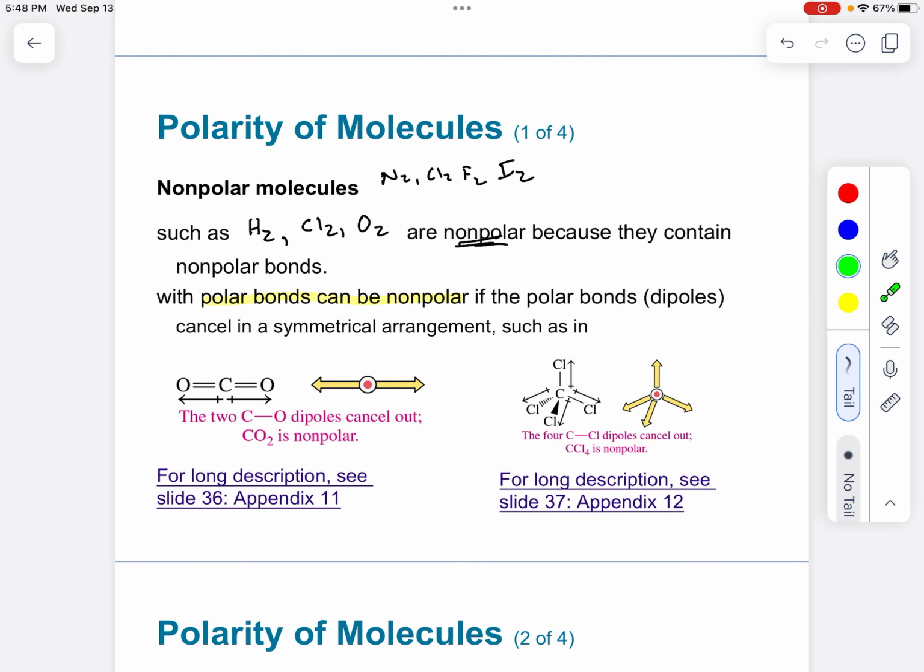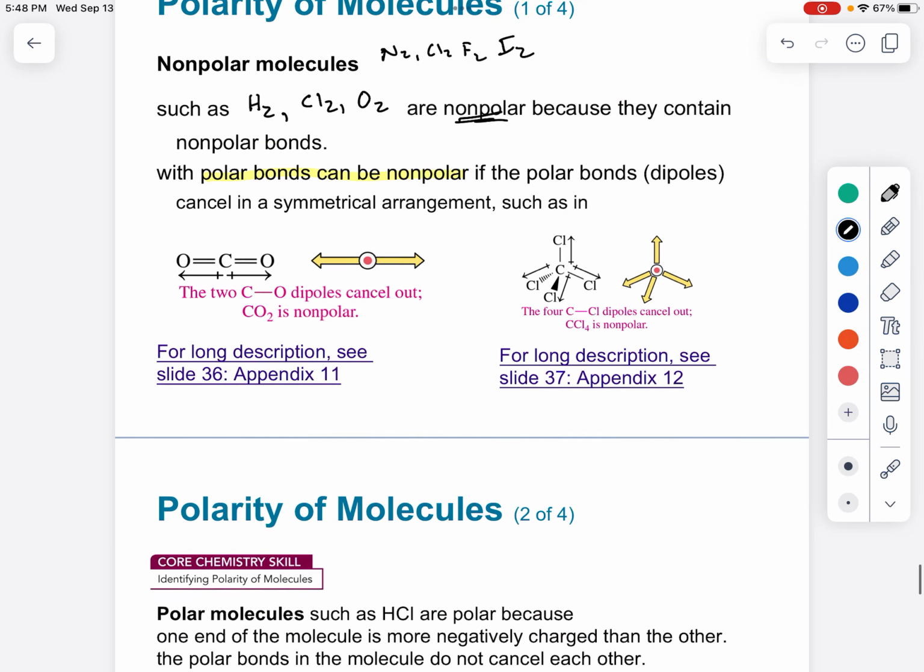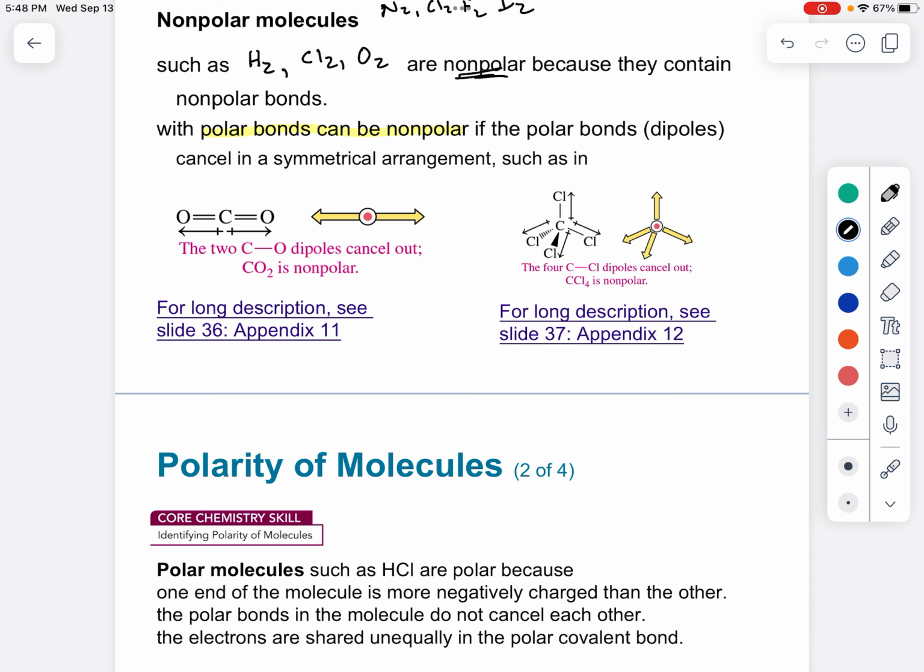And the rule of thumb for this is that, I'm going to write this out because it's worth writing out.